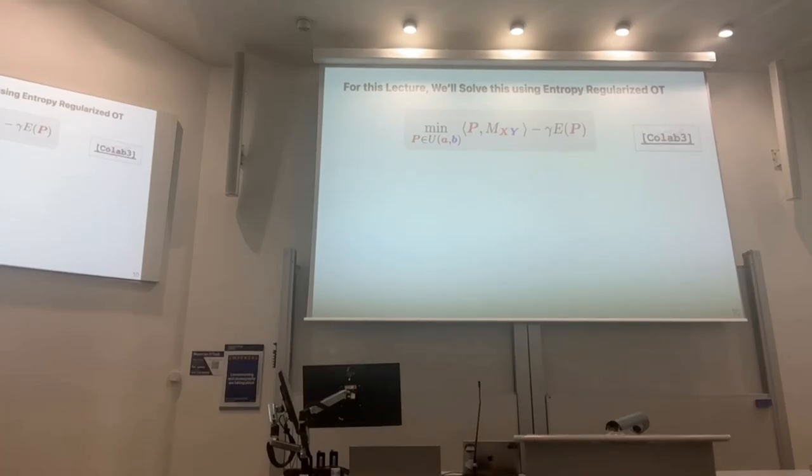Basically, think of the Sinkhorn algorithm as something that tries to solve the same problem over permutation matrices, but with a regularizer that helps you go faster and get a solution that is a bit more fractional, a bit more continuous. Let me try to give an intuition of what the algorithm does.